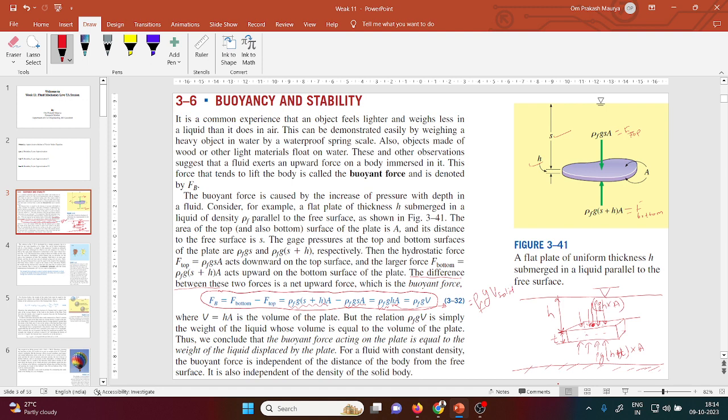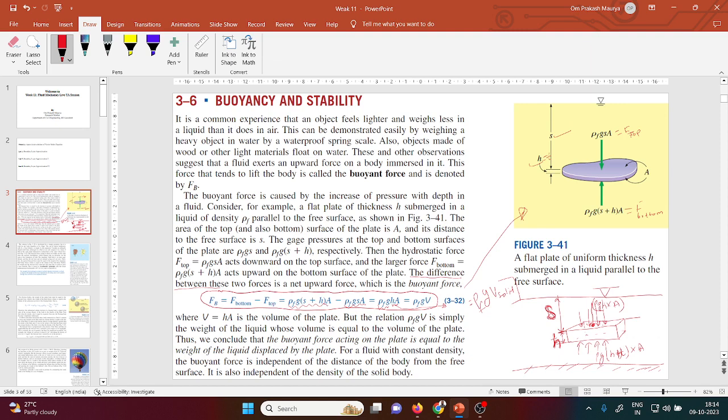But the thickness of the solid body is T, sir. Yes, the thickness of the solid body is T. Here in this example I have taken T, but the equation is written for the above figure. So if you correlate, H is equal to T here. If you take S and H as similar, then there will be confusion.